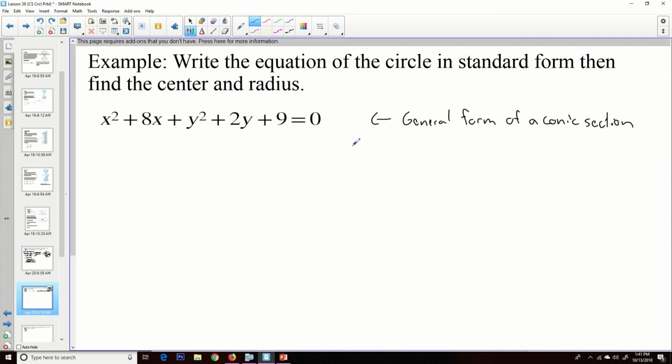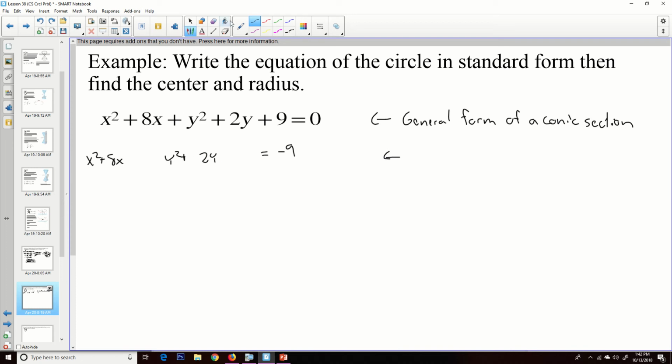So I want to reorder this. I'm going to rewrite with some space. So I'm going to go x squared plus 8x. I'm going to put a little space there, and we'll go y squared plus 2y. Put a little space, and I'm going to move the constant over and -8.